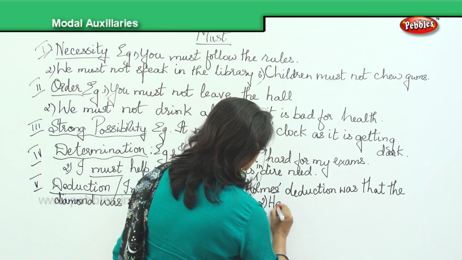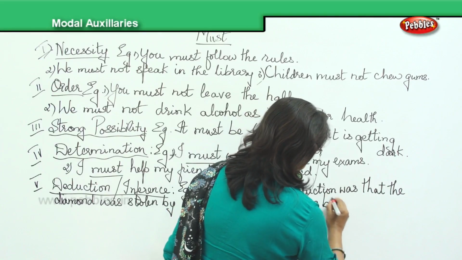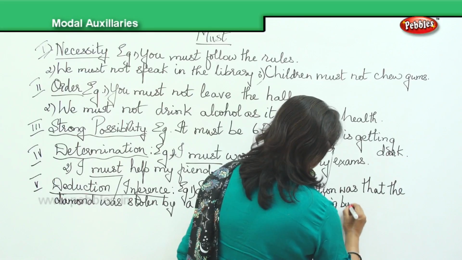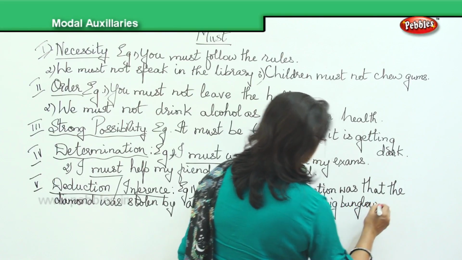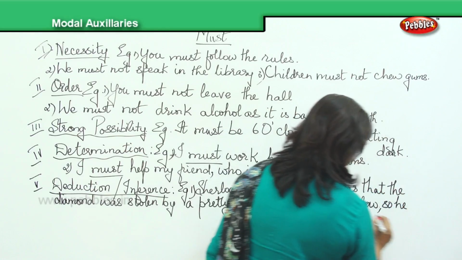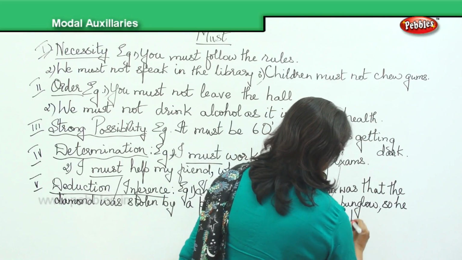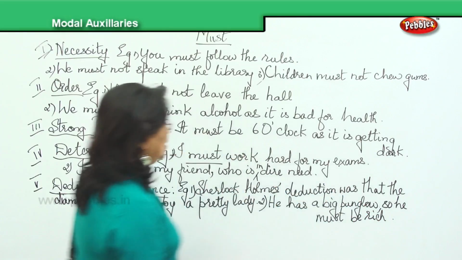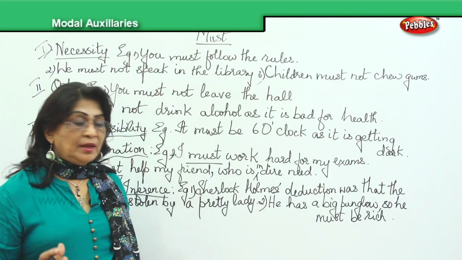He has a big house or big bungalow. So, he must be rich. He has a big bungalow, so he must be rich.